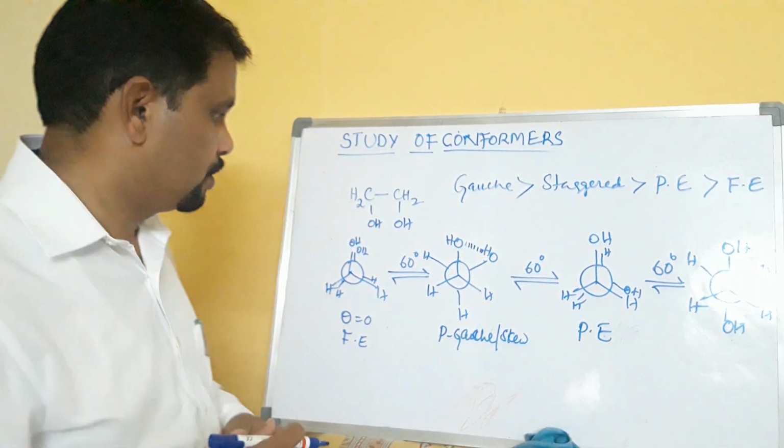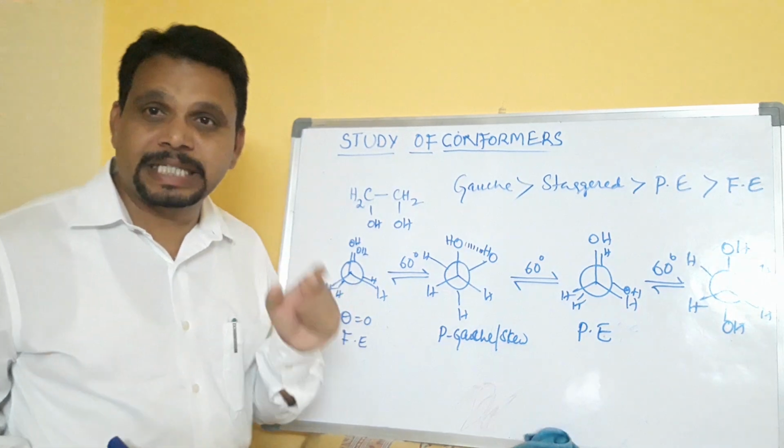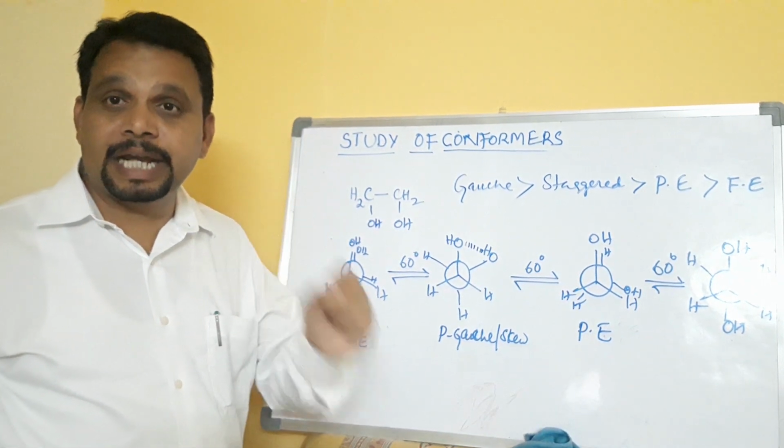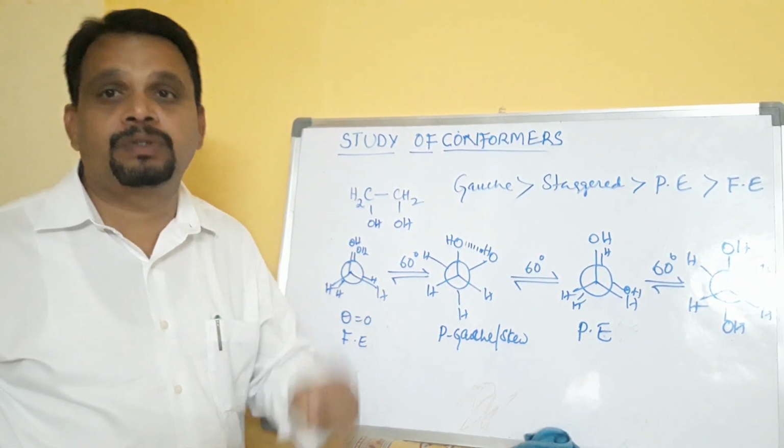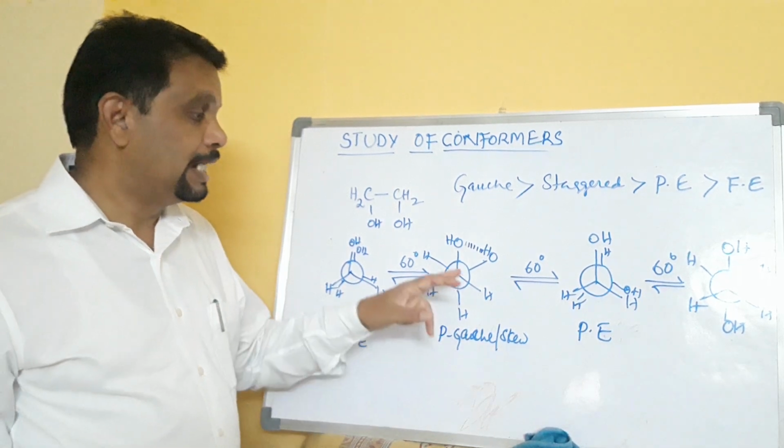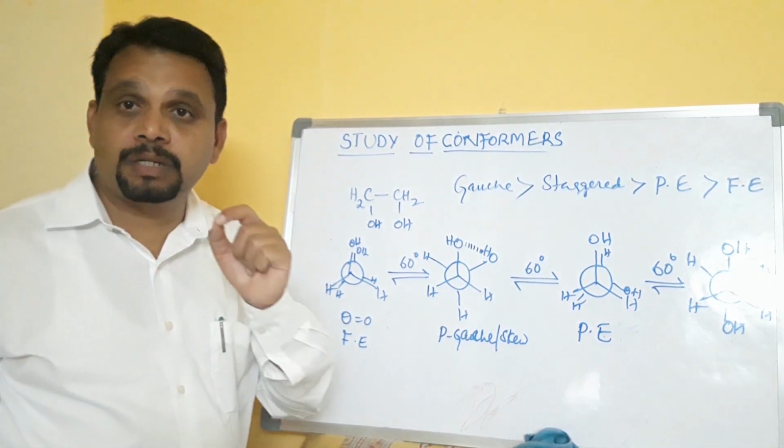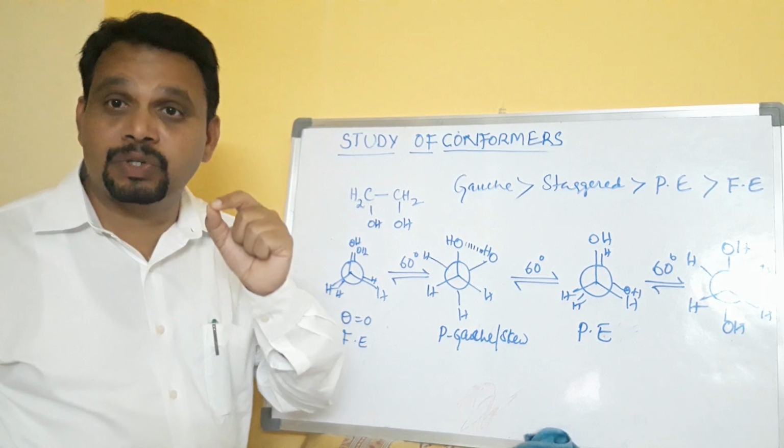Okay, so in the previous example, van der Waals attractions contribute stability to the Gaussian conformer. In this case, it is hydrogen bonding, intramolecular hydrogen bonding.